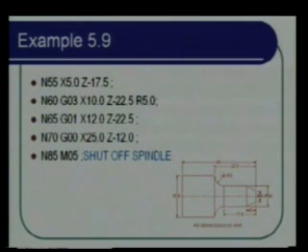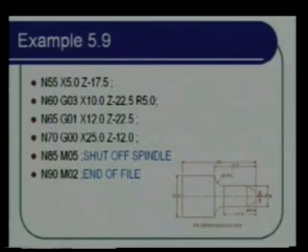But since tool nose radius is equal to 0.8, which is a very small value, we can ignore it for the purpose of practice. But if you are going to really machine, you have to take that into account. Otherwise, all the dimensions that you are going to get will be wrong.